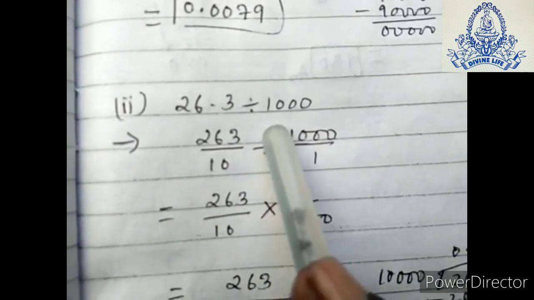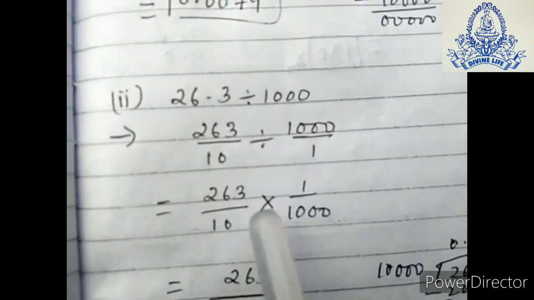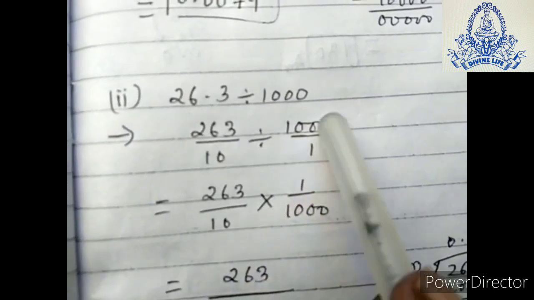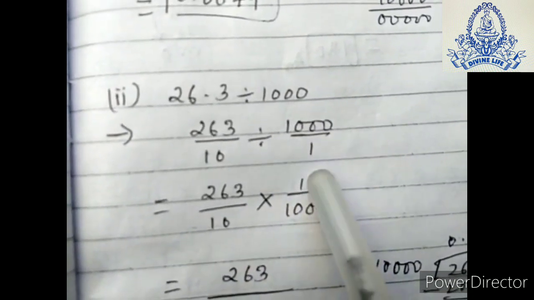Now the next step is for the division to change into a multiplication. 1000 upon 1 will become 1 upon 1000. 263 1 ja 263, 1000 10 ja 10,000.